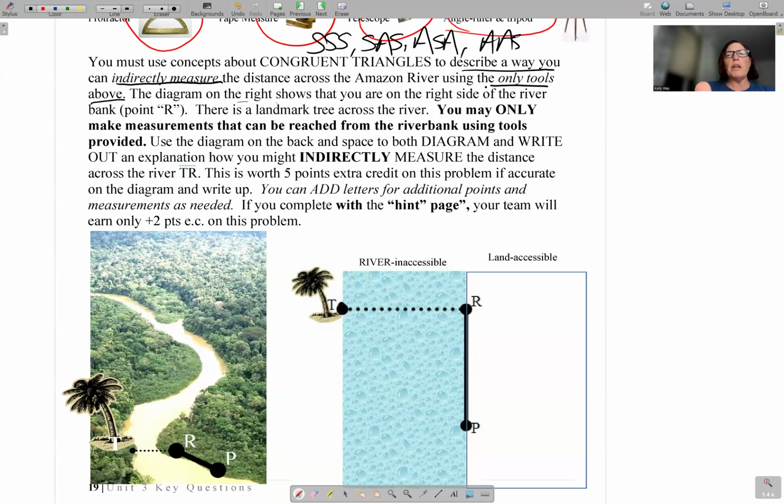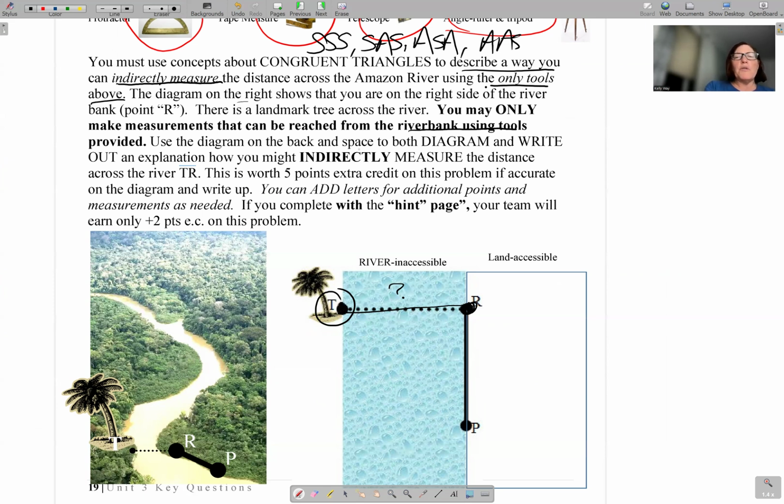The diagram on the right shows that you're on the right side of the riverbank, point R. There's a landmark of a tree, T. You may only take measurements that you can reach from the riverbank. No, you may not toss the tape measure across. That is impossible. It's too far. It's dangerous currents. So you cannot directly measure that.